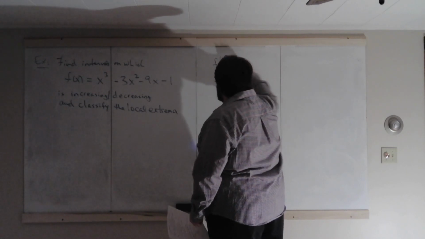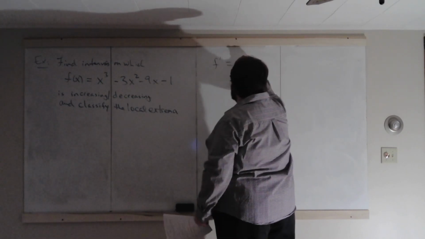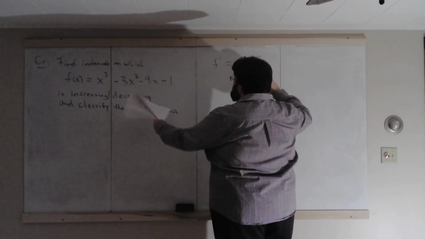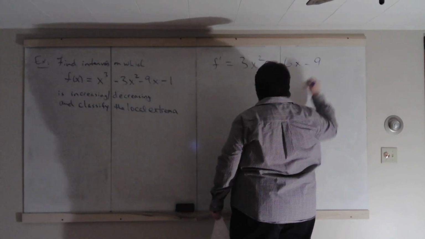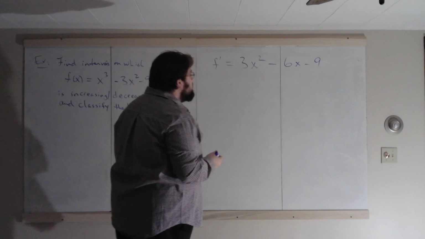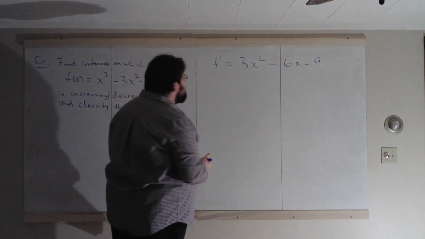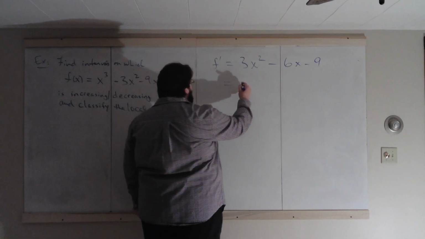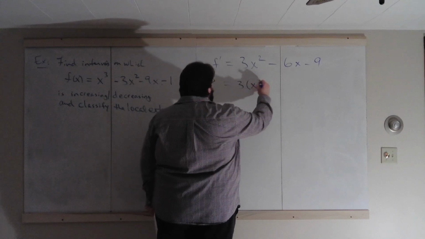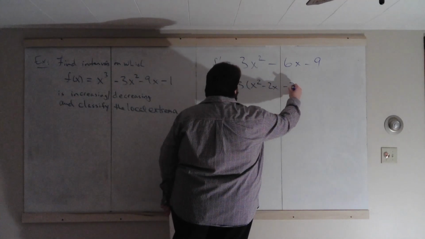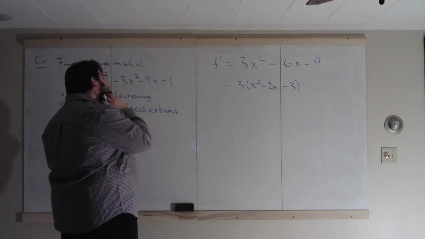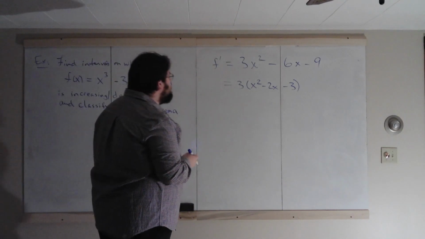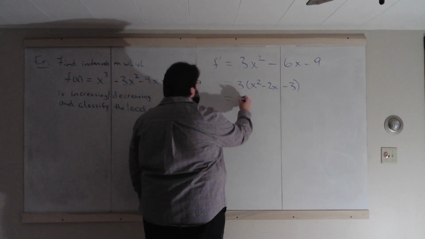F prime is 3x squared minus 6x minus 9. And we want to set this equal to 0, but all those things have a 3 on them, so let's take the 3 out. We're going to want to set this equal to 0. Let's factor it first.